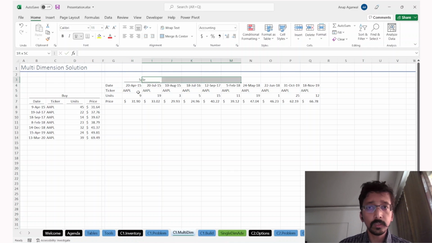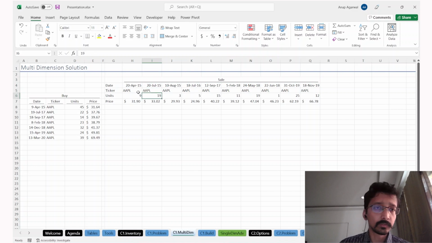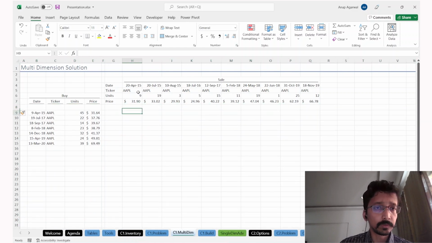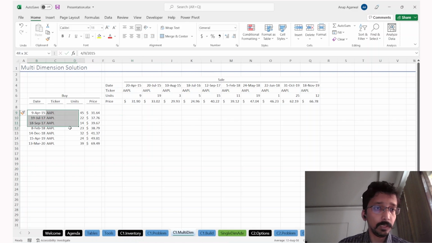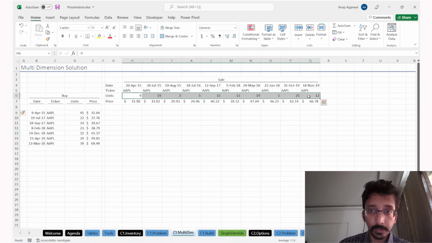Okay, and so this is actually pretty much the official solution to the case that we had, which was that you can write over here a formula that can figure out or match that each of these individual buys, when were these sold.